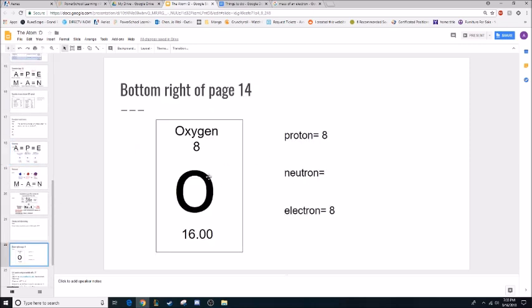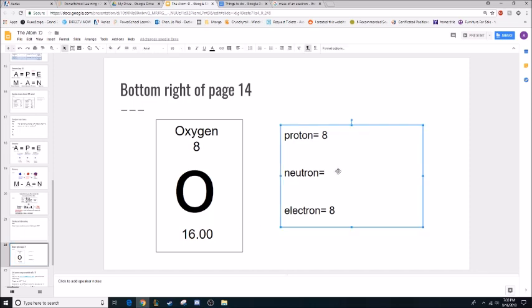Now in this case, they gave me the atomic mass right here. Usually, when there's a problem that asks you to calculate neutrons, they should give you the mass number. If they don't give you the mass number, you assume it's the number from the periodic table. So in this case, we have our mass of 16.